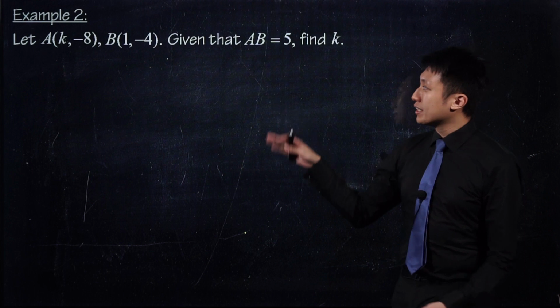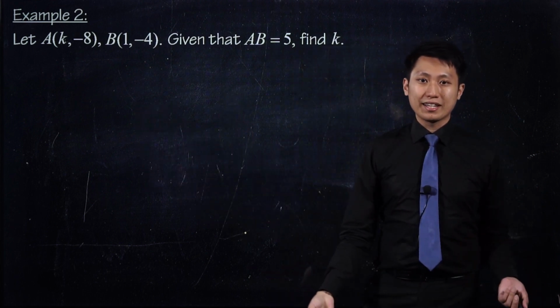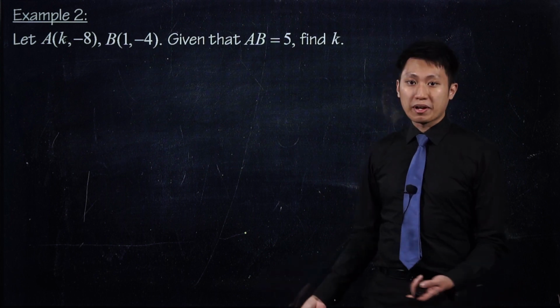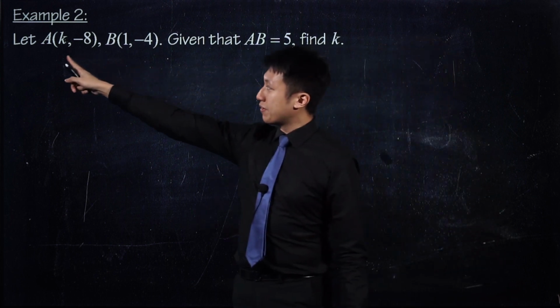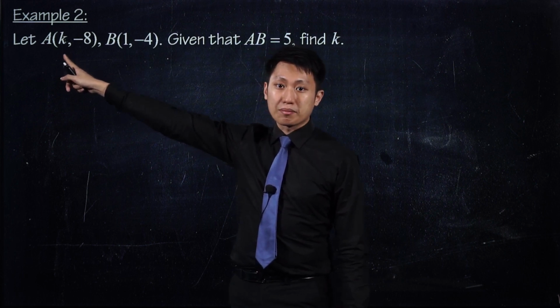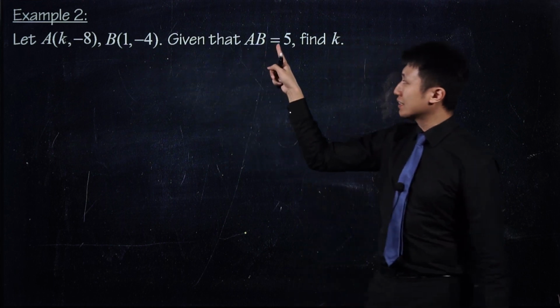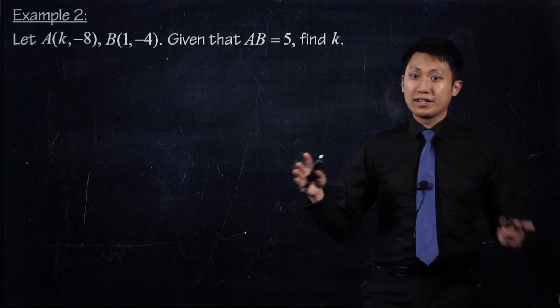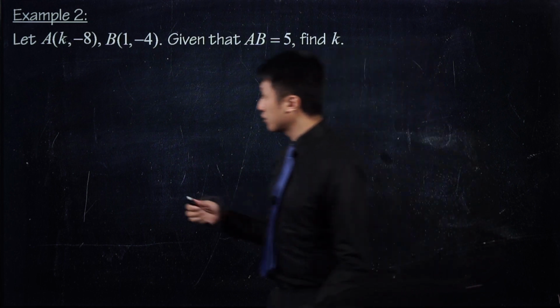So what's the difference here? It's just that this kind of question is more likely to be in your SPM exam because it asks you to find k, something like that. If you are given a coordinate that has a variable, and it tells you that AB has distance 5, or the length from A to B is 5, what do you do here?